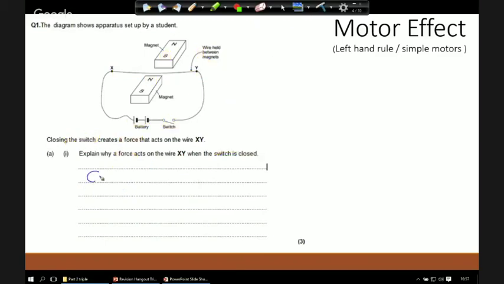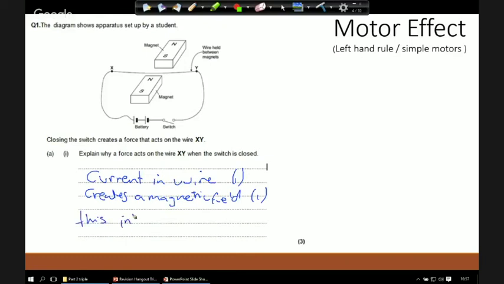So current in wire, for one mark, creates a magnetic field, for your second mark, and this interacts with the magnetic field from the magnet.